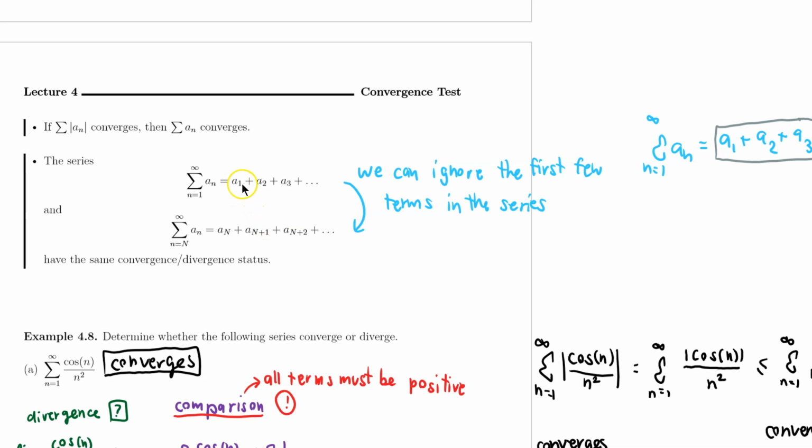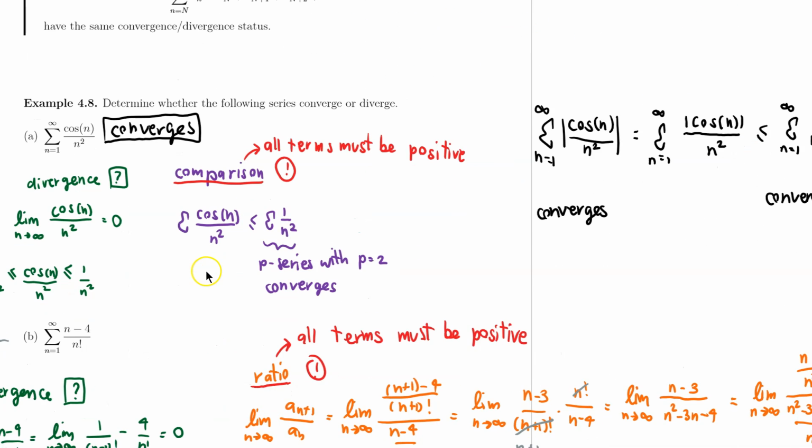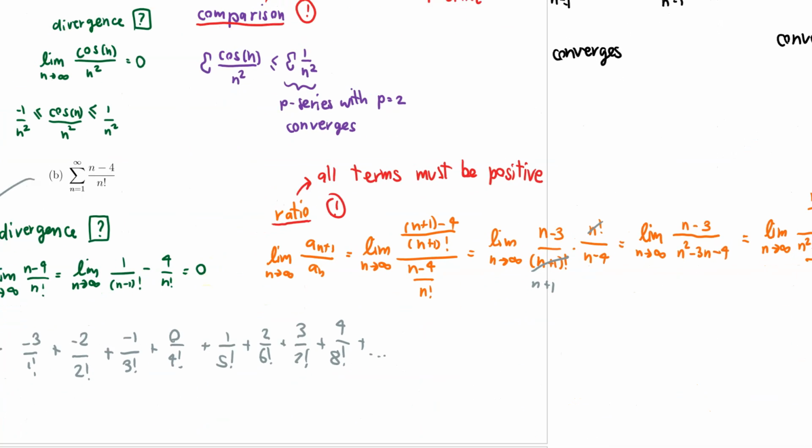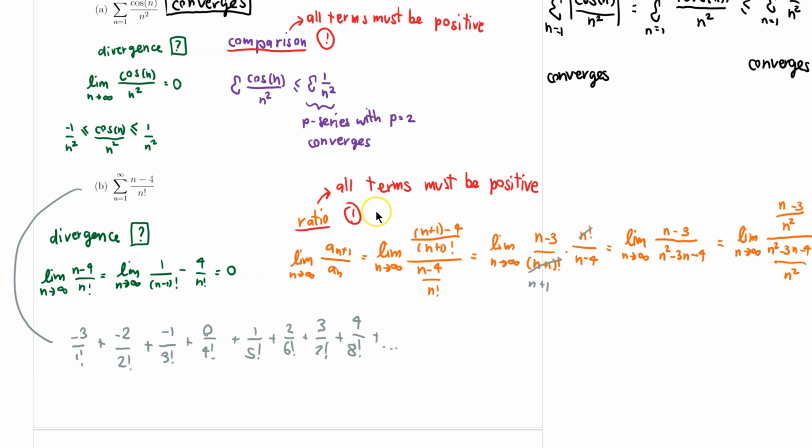So what this second principle says is that we can ignore the first few terms in the series. Instead of starting off at 1, I can start off at whatever value I want, and the two series are going to have the same convergence and divergence status. So then, if I go back to my example here, even though not all the terms in this series are positive, we can see that these guys are all positive.